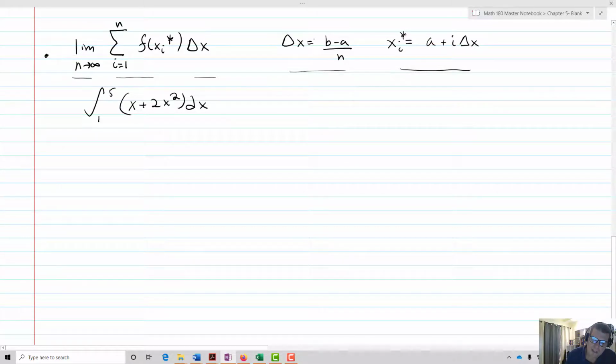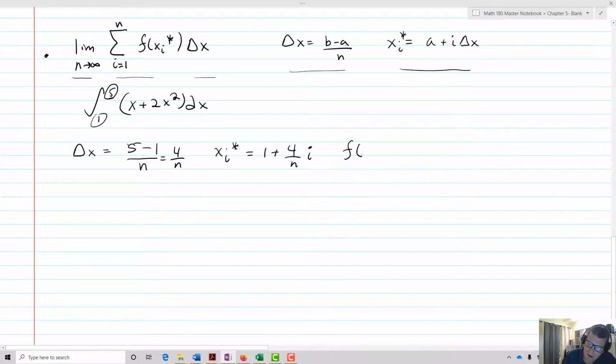And so what I'm going to do first is I'm going to find that delta x. So I'm going to get delta x equals b minus a over n, equals 5 minus 1 divided by n. So b is 5, top of the interval. a is 1, bottom of the interval, divided by n. And then xi star is going to equal, and this will be a, which is 1 plus 4 over n times i.